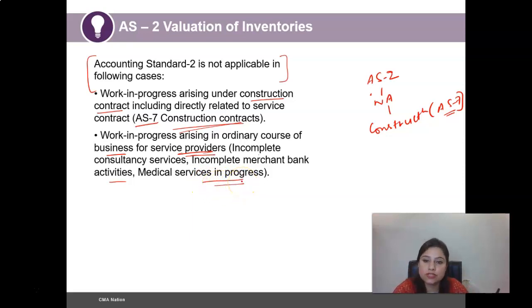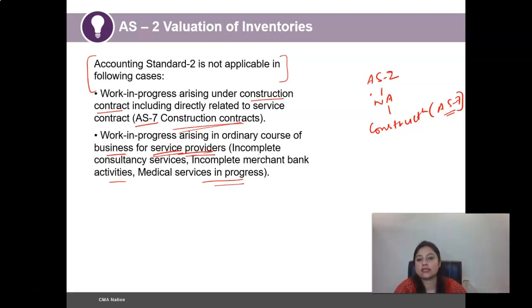In such service cases, the valuation of inventories will not be done according to AS2, as here we are referring to service providers and not to goods that have been purchased or manufactured, whose remaining stock at the end of the accounting period needs to be valued. In the case of service providers, such services will not be valued according to AS2.